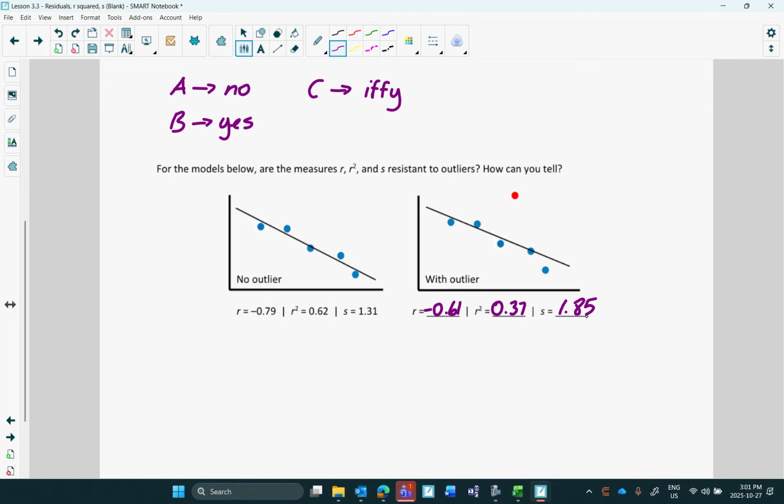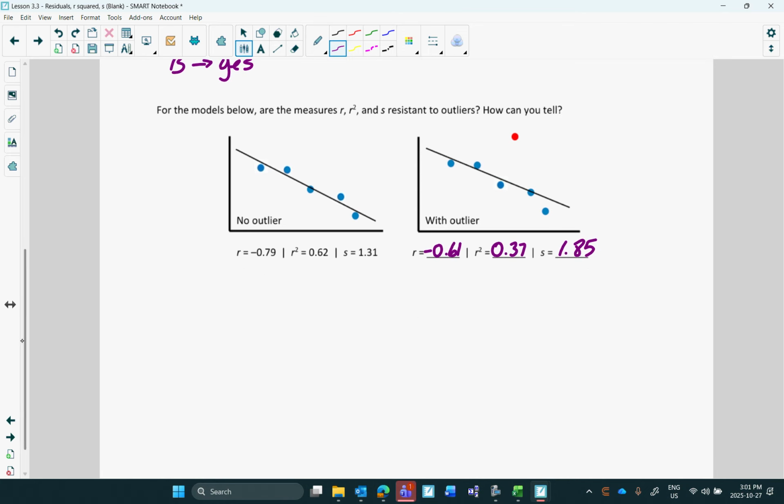So outliers will change R squared and S, depending how far they are from the least squares regression line. Obviously, the further they are, the bigger the change is going to be to those three variables.